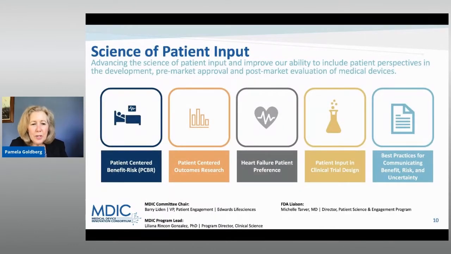Our science of patient input, I believe that we all work to benefit patients first and foremost, and our science of patient input, first we worked on risk-benefit analysis that resulted in some FDA guidance. We've done a number of studies more recently to better understand the best ways to communicate benefit risk to patients, and doing some patient-centered outcome research. Next slide.